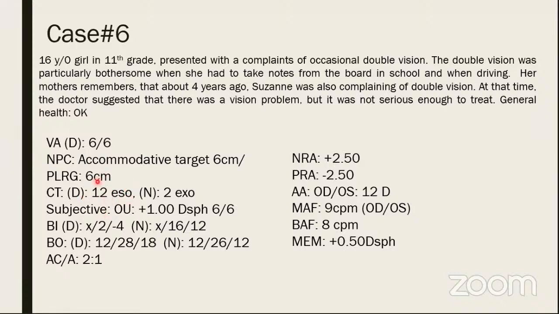Because we are calculating a prism for distance, the Fourier value for distance and the base in value, these two values are useful in calculating the amount of prism required for the patient. Again, the Fourier value and the distance negative fusional vergence value are helpful for calculating the amount of prism.